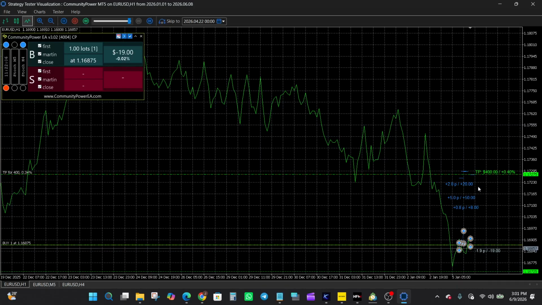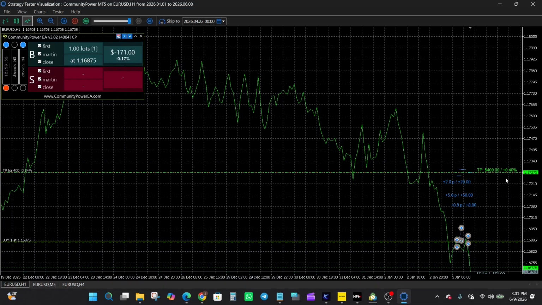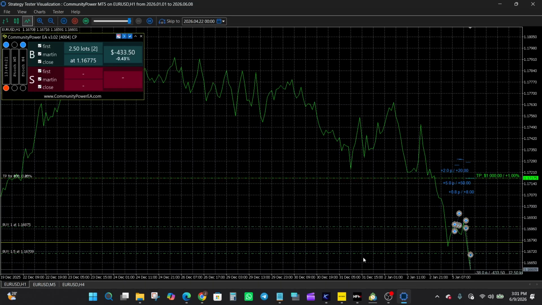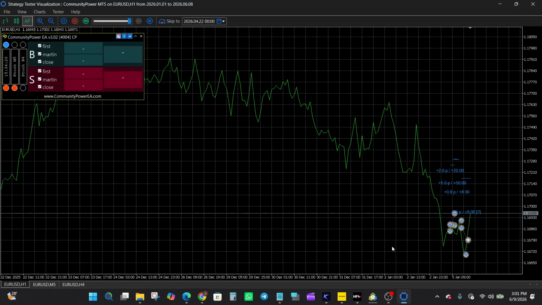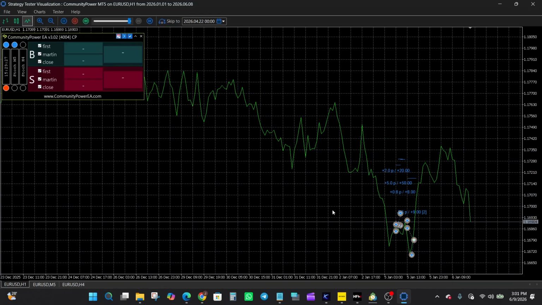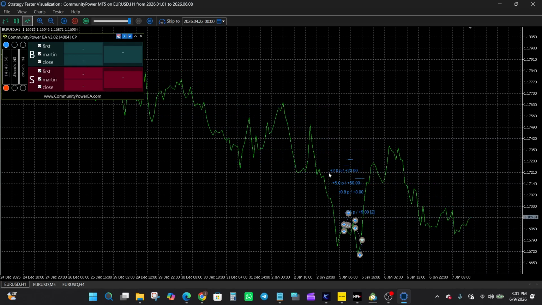And then we can also see the display showing take profit value and potential percentage. And we can also see that this EA seems to be using a sort of averaging technique, or perhaps martingale like technique.